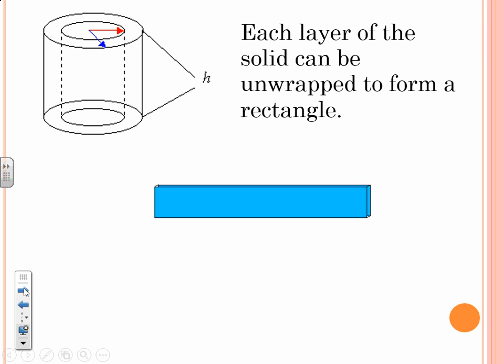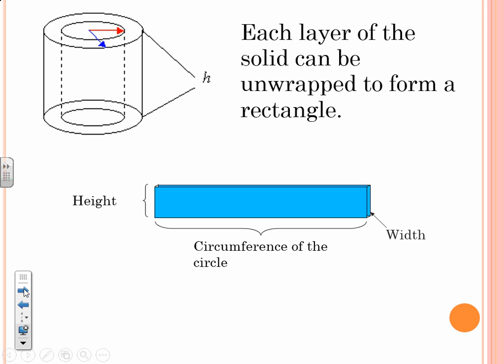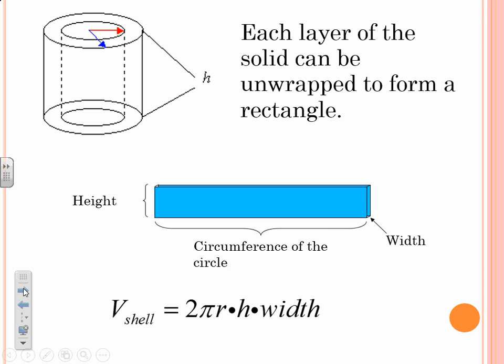Okay, so this rectangle, we have circumference as our length, and then of course we have the height and the width. Okay, how do we find circumference? 2 pi r. So if I want the volume of this shell, I could take the height times the width times the circumference, which is 2 pi r.